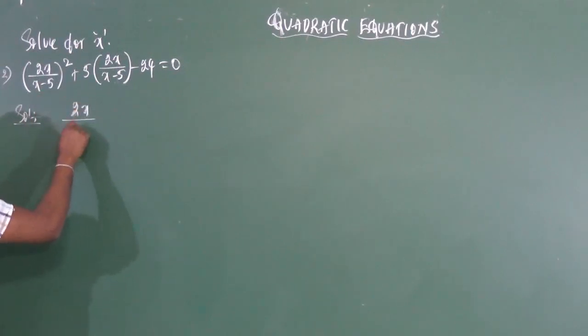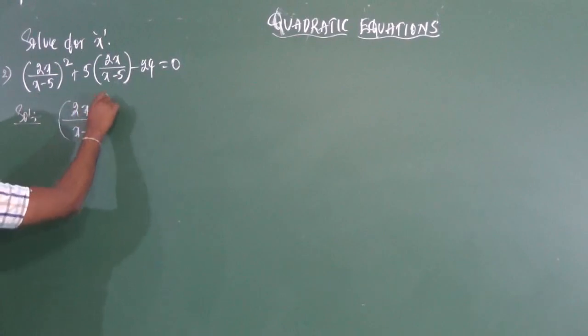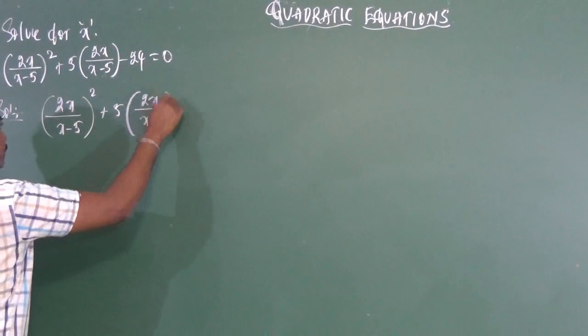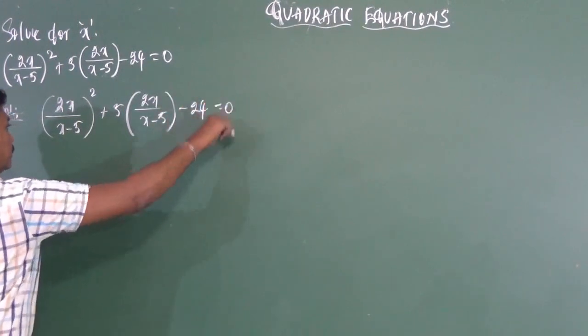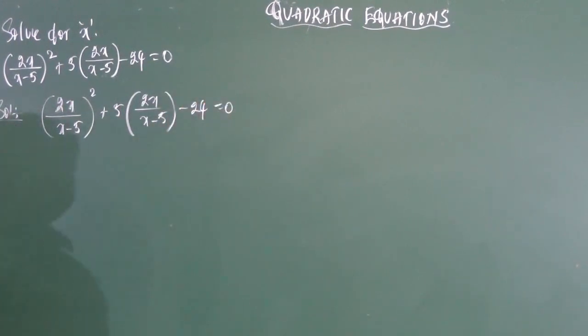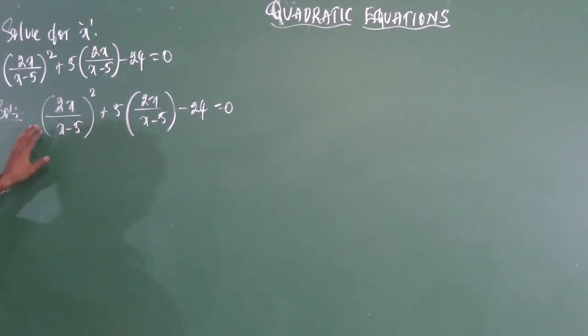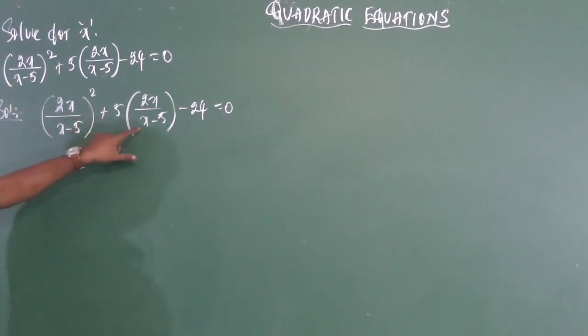2x by x minus 5 whole square plus 5 into 2x by x minus 5 minus 24 is equal to 0. It's very simple. So your observation plays a very important role here. You have to observe it. So here inside the bracket we have 2x by x minus 5, and also here inside the bracket we have 2x by x minus 5.